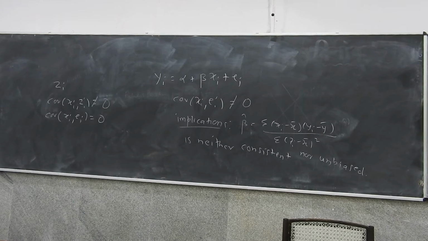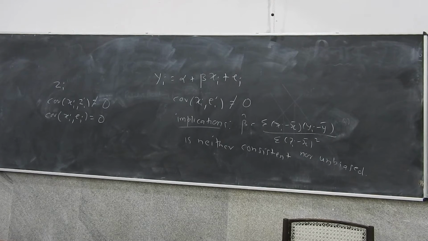So you think of a third variable called z, so that z is correlated with x, but z is not correlated with e.